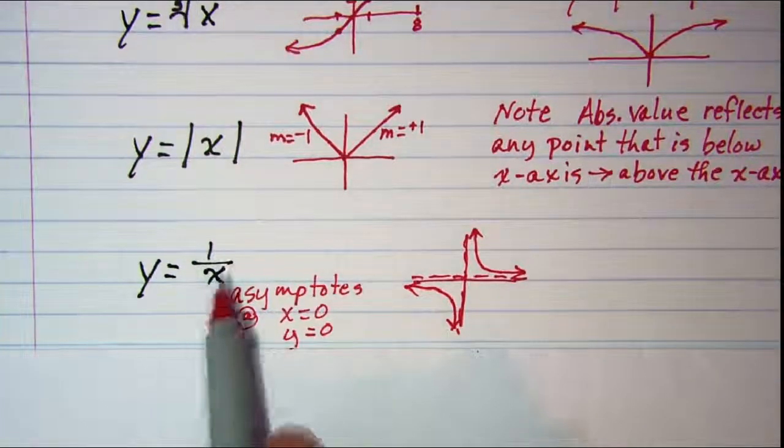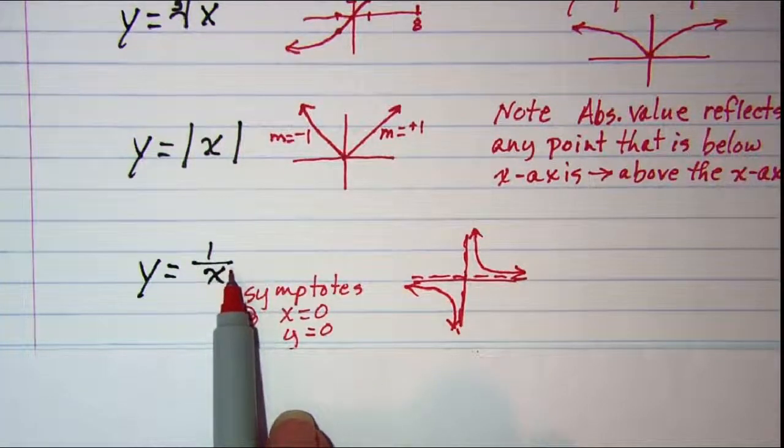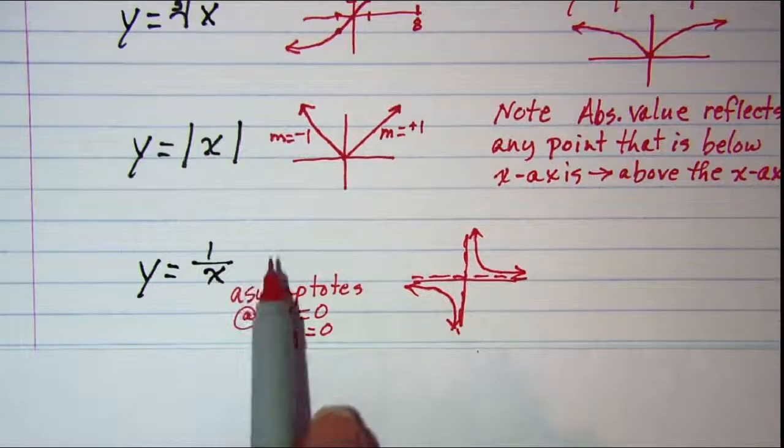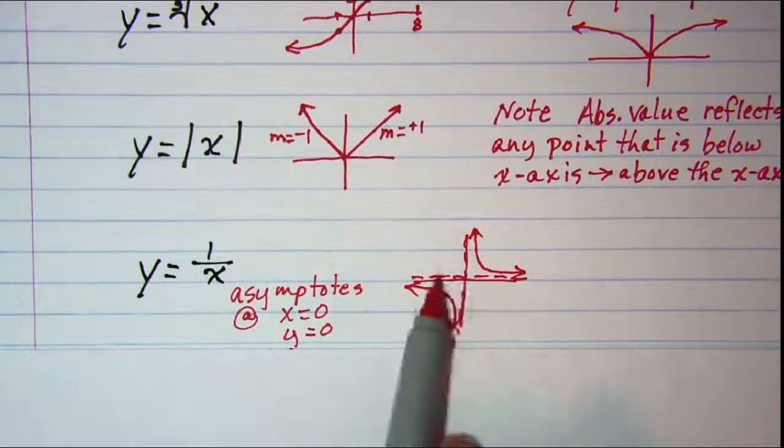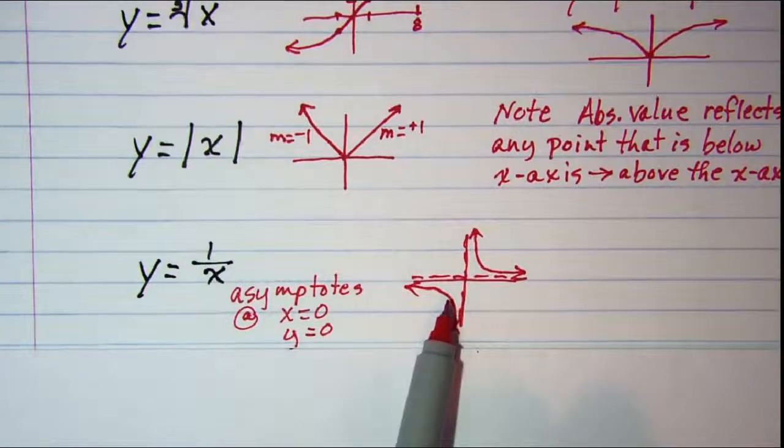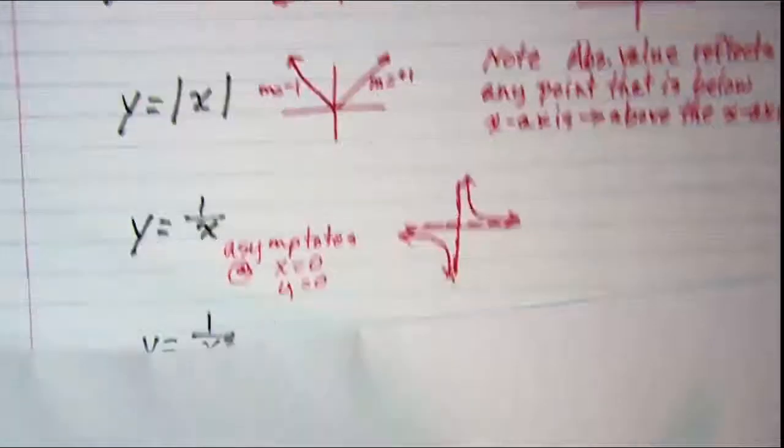And then also, if you notice this exponent is odd, if you were to look at 1 over x cubed or 1 over x to the 5th, they also have that same basic shape.